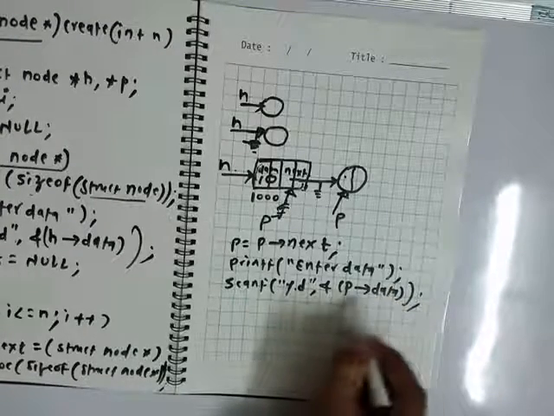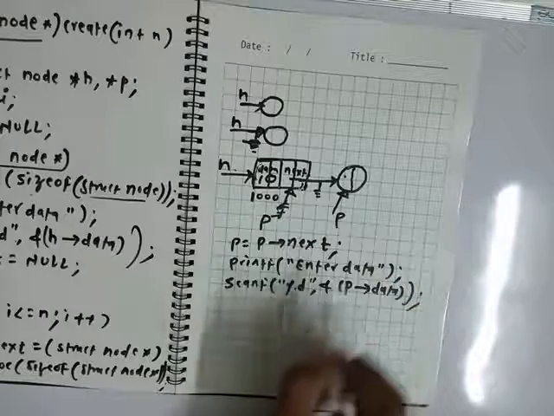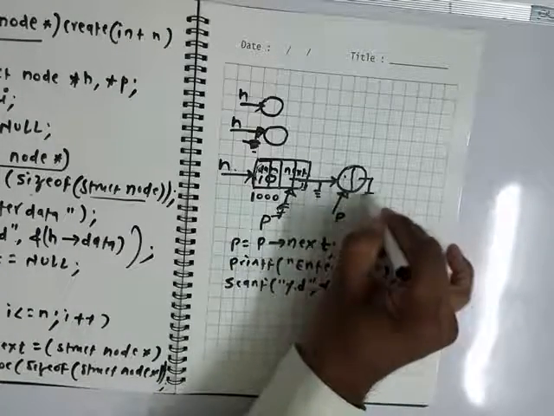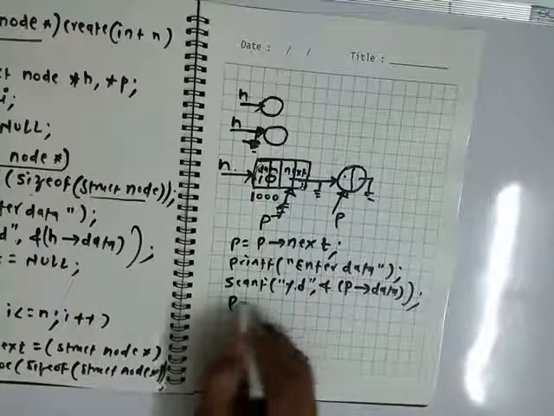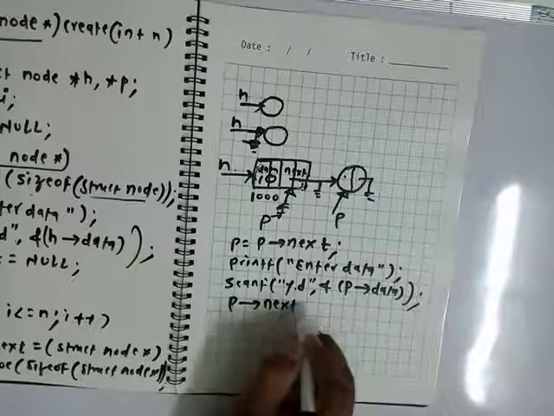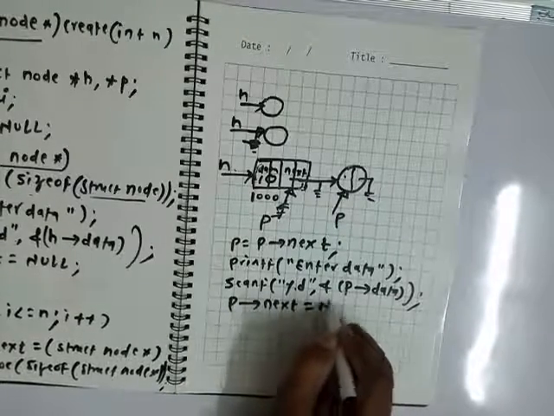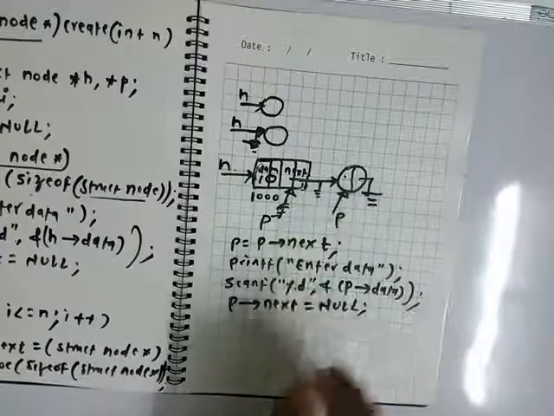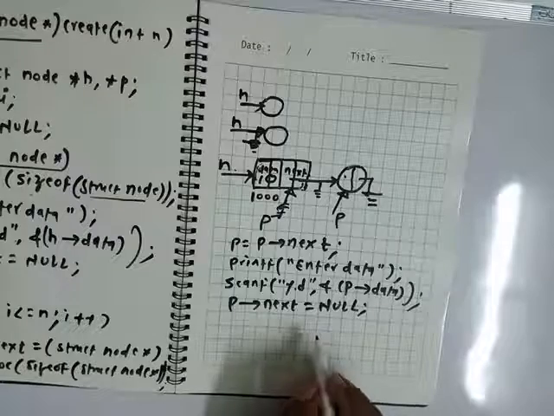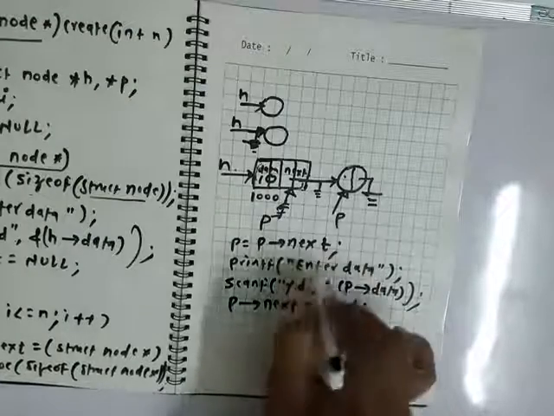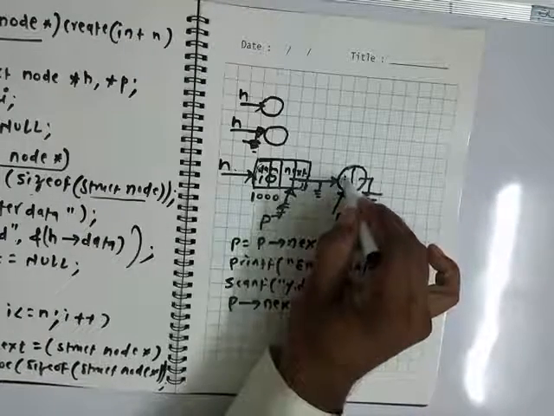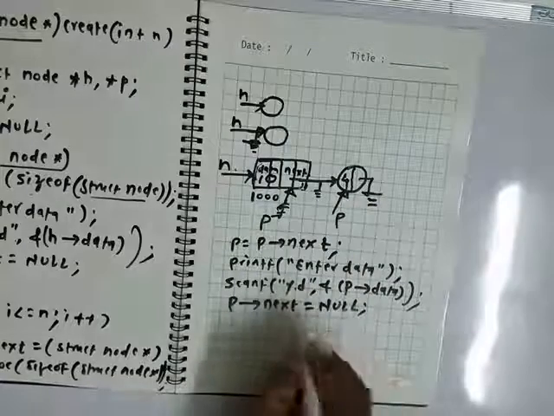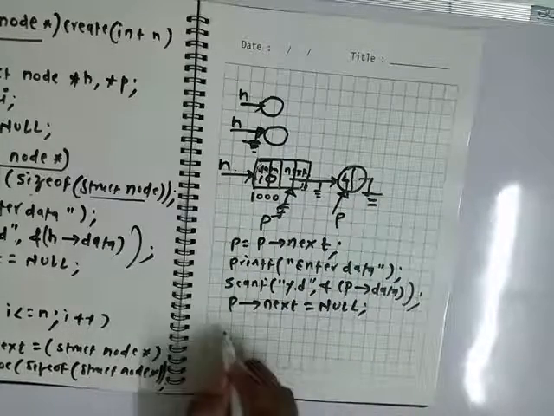So this field's address I'm providing, and then I'll set this to null. p arrow next is equal to null. This is assigned null, so this is the symbol of null. Let's say the data this time entered by the user is 4, so 4 is stored here, and thus a second node is created.